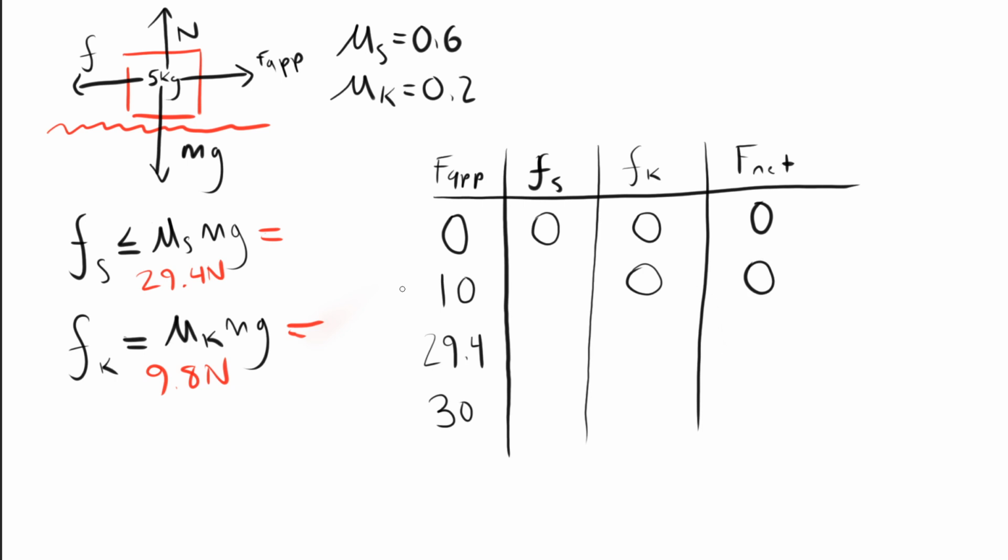Now here's where it gets a little bit tricky. You would think that if there is static friction right here, and I didn't just draw a 0, that was supposed to be a circle, let me draw a box. There. This number right here should probably be 29.4, because since it exists, it's going to push back with the full force. Well, hold on.